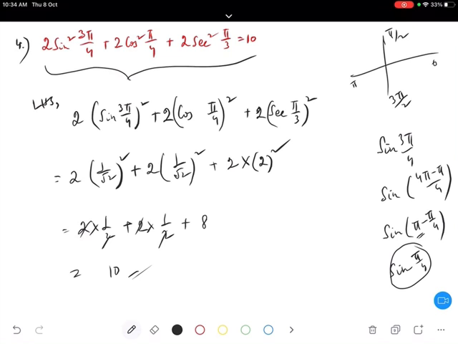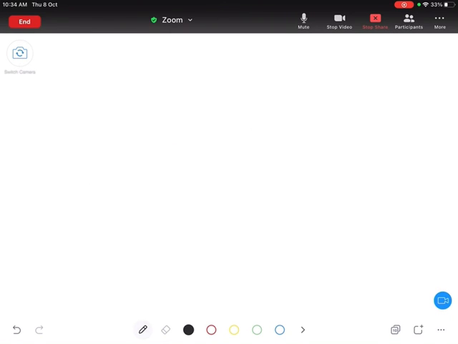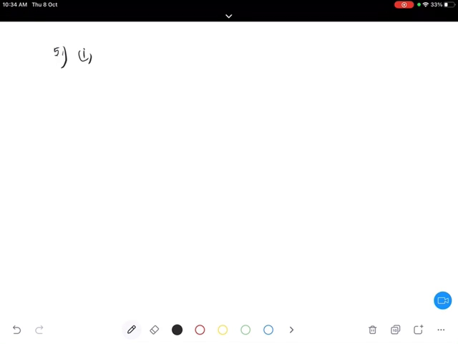For question number 5, I need help from you guys. Let's see who can help me for question number 5. Sine 75 degree. Come on.